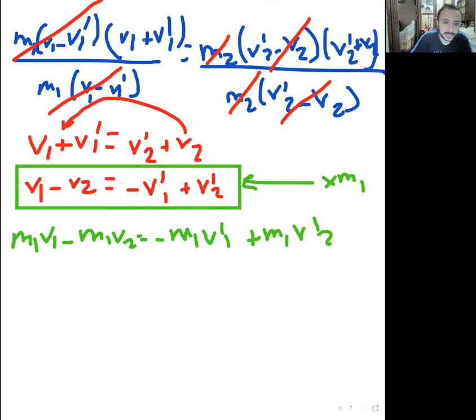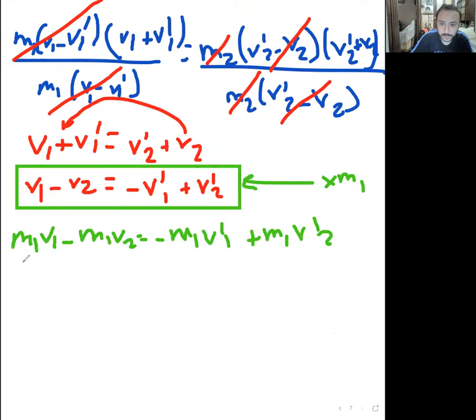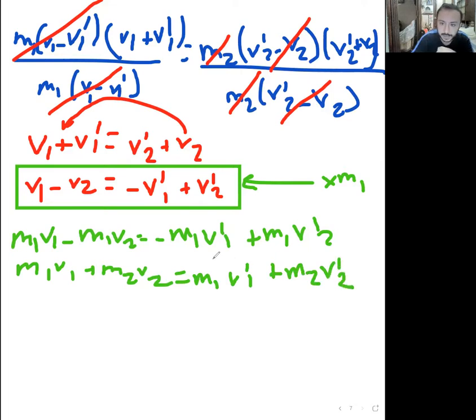And I will add this to the other formula that we found: m1 v1 plus m2 v2 equals m1 v prime 1 plus m2 v prime 2. This is the first relation we found when we did p initial equals p final.